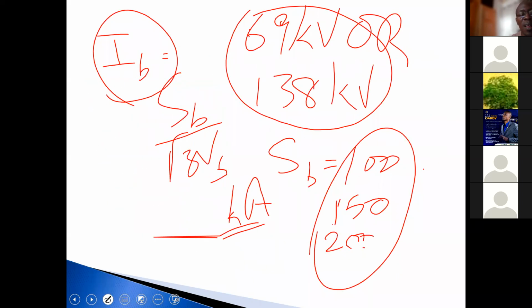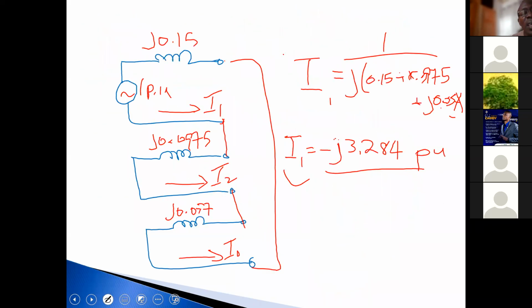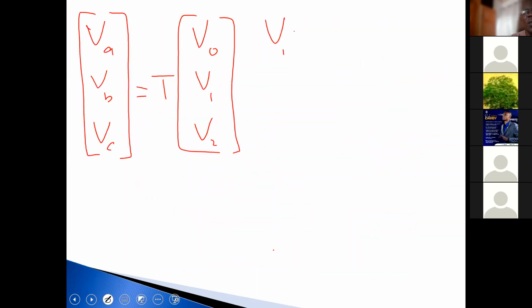So what is V1 equal to? Remember, in class last week, we looked at, this would be V1. You remember that? Yes, sir. That's V2, and that's V0. All right? So what is V1 equal to? Just give me the expression. V1 equal to 1 minus I1 Z1, sir.